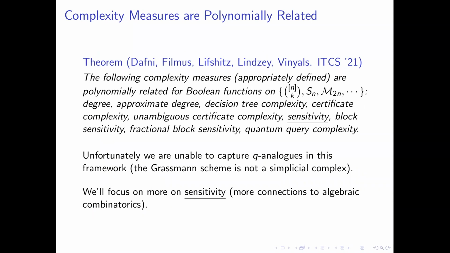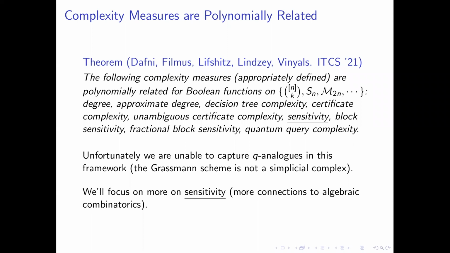Here's the main theorem of the paper. I haven't told you what most of these complexity measures are, and there's good reason for that. It would take quite some time.